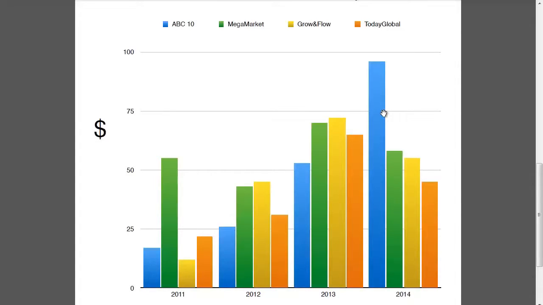Additionally, you can say that Mega Market and Grow and Flow earn more or less the same amount of money from 2012 to 2014. Just two examples of how you can proceed further with comparisons, okay? So mainly this is what you need to do when you are asked to compare companies with each other, all right?